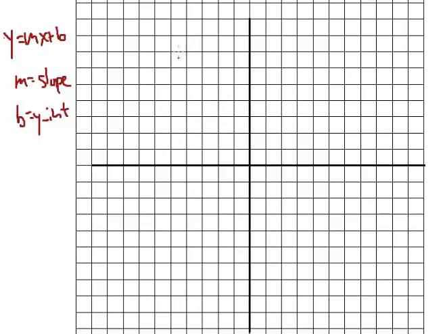Let's just take some random lines over here. If we had a line, for example, that went like this. We want to use the line utility, obviously. Let's see what we could figure out about this line. First of all, we know the y-intercept because where does it cross the y-axis?